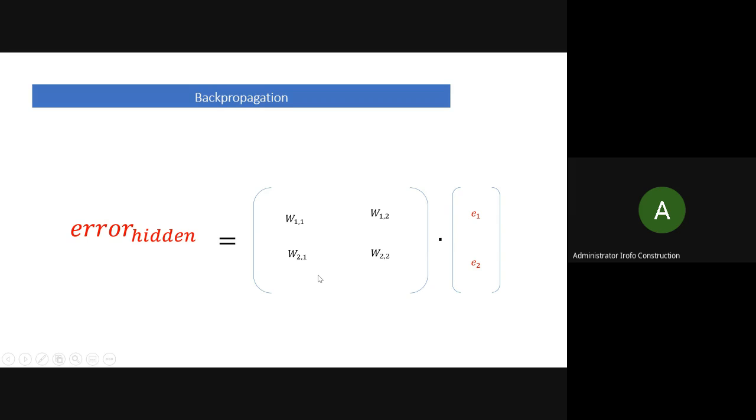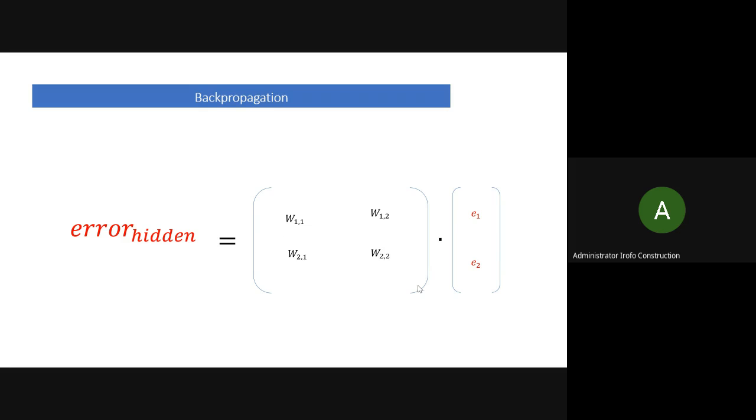If we were having 3 nodes, there will be another row here for it. If there's also 4, there will be another row below. So this is the idea of how you can transfer the error from the output layer to our previous layer, or to the input layer.